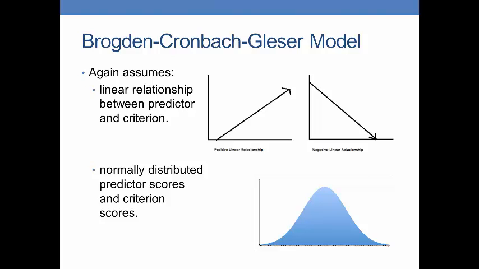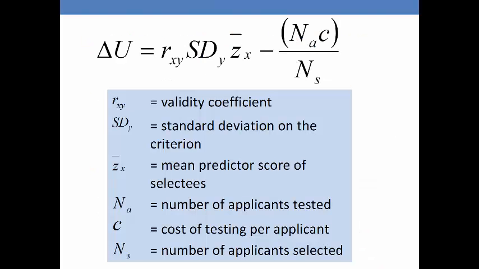Brogden in 1949 and Cronbach and Gleser in 1965 showed that if you know the standard deviation of performance, that is the distribution of the criterion, you can use the other information to work out the gain in dollars from using the HR program. So yet again, here is the utility formula which we discussed in relation to selection.